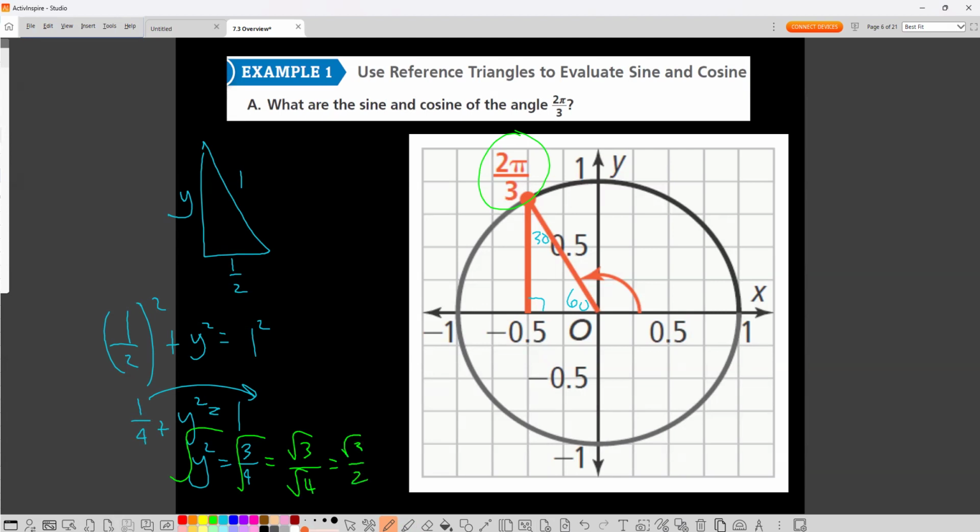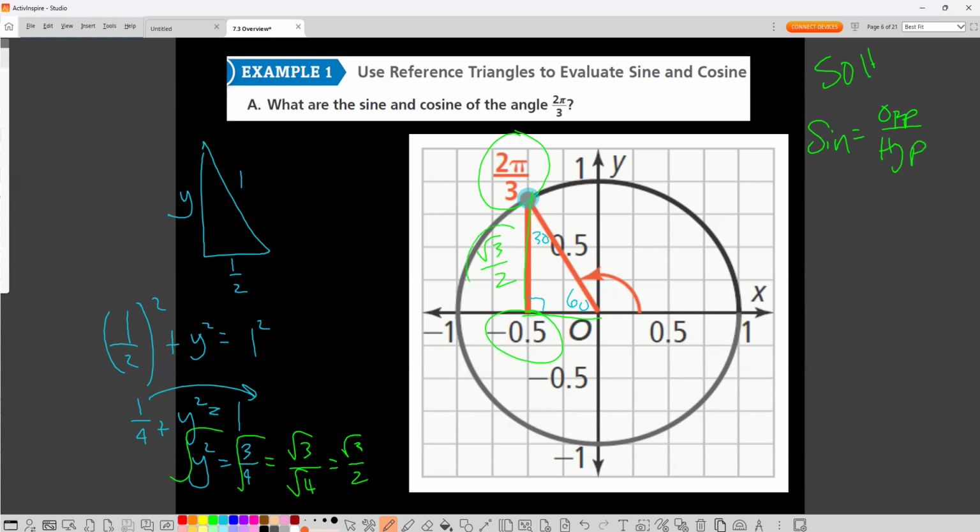So for the coordinates right up here, the coordinates at that point, it's 2 pi over 3 radians. This is a -1/2 right here. And then we just solved for this side right here on the y and got square root of 3 over 2. Now, if you're doing sine, sine is opposite over hypotenuse, remember.